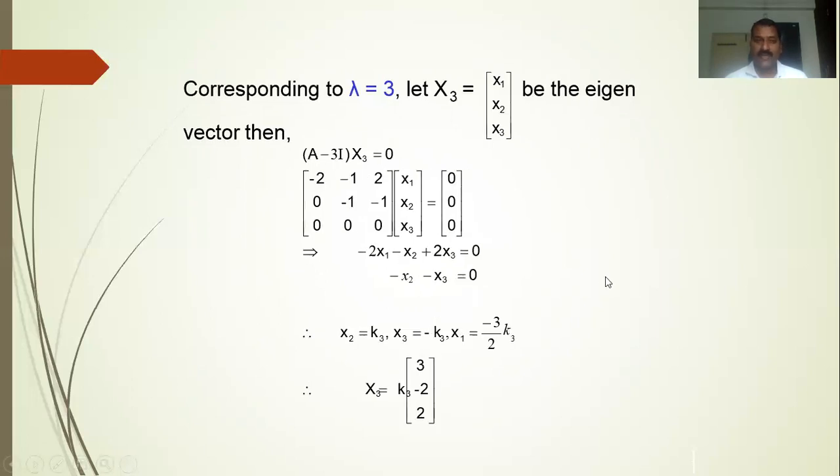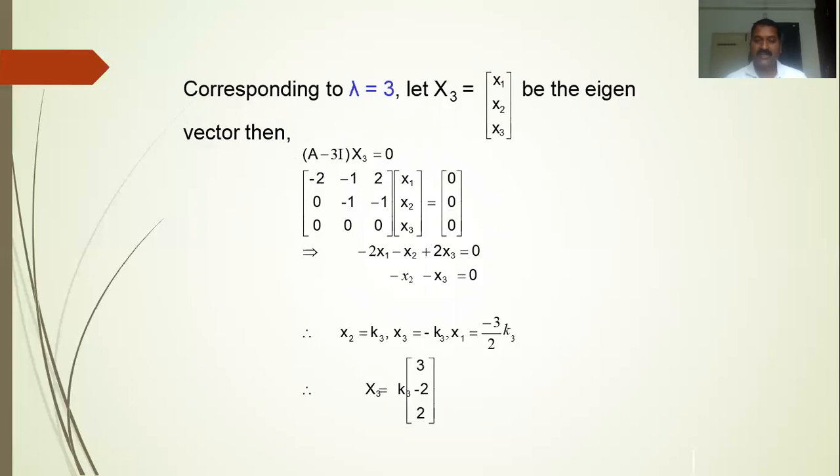Take lambda equal to 3. Then A minus 3I is the coefficient matrix. The rank of this matrix is 2. Here, I can take one free variable. Just for a change, I take x2 as the free variable.